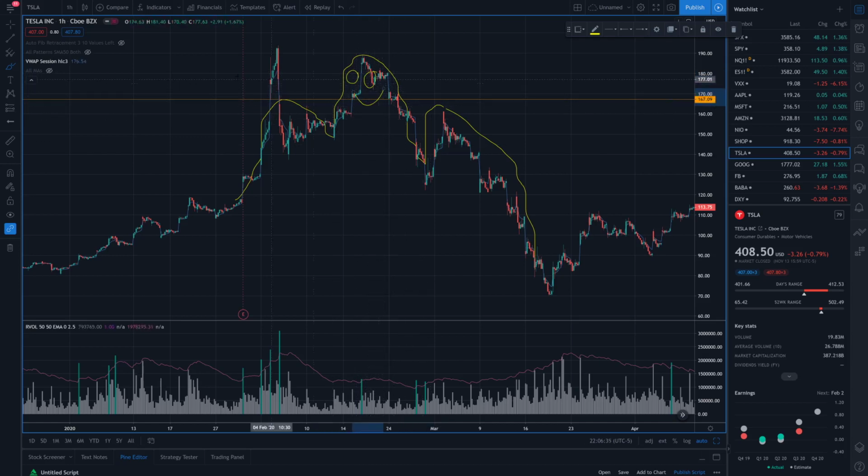That's the head, and these two are the shoulders. These are supposed to be the shoulders of the body. It's not fully it, just because Tesla had this spike over here, which would make the head and shoulders incomplete. But overall, that was the pattern that I showed you on the daily chart.